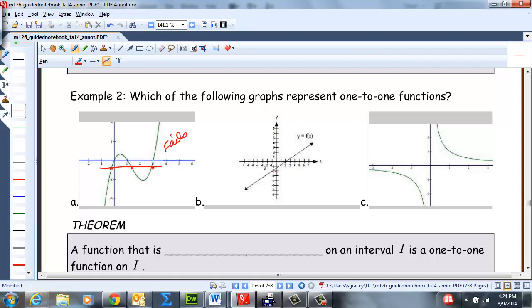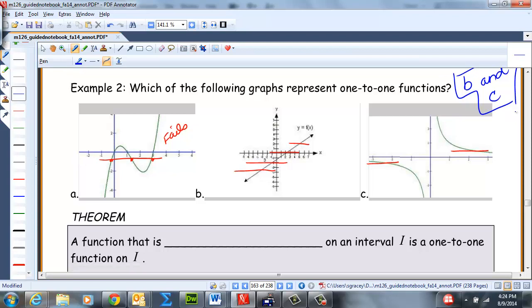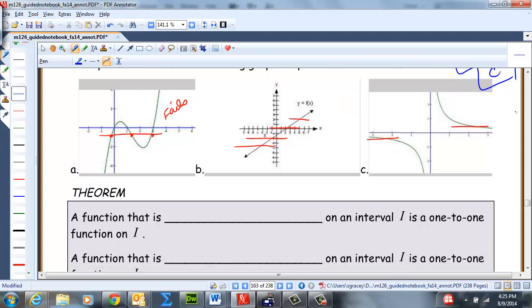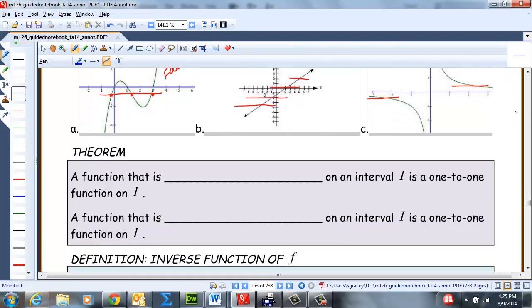And then this one is working out just fine. And this one does too. It looks like it's getting horizontal here, but it's not. So you're fine on this one. So it looks to me like B and C. We doing okay? All right, awesome.